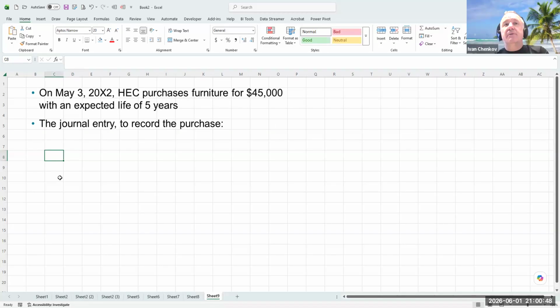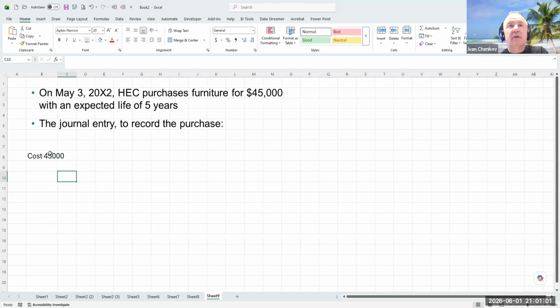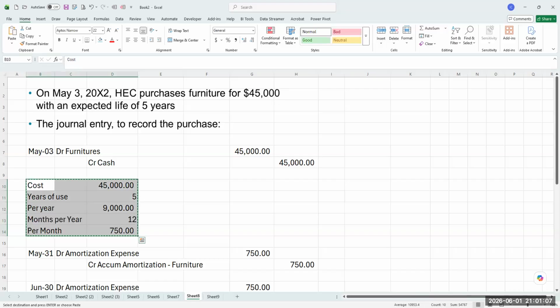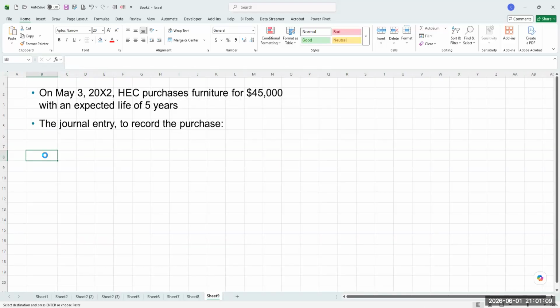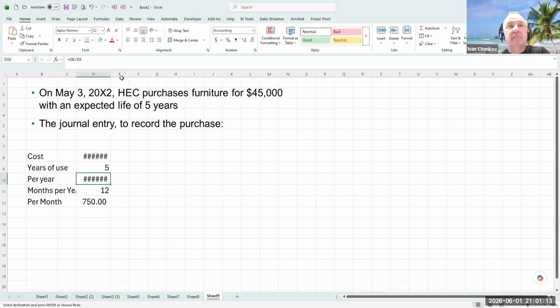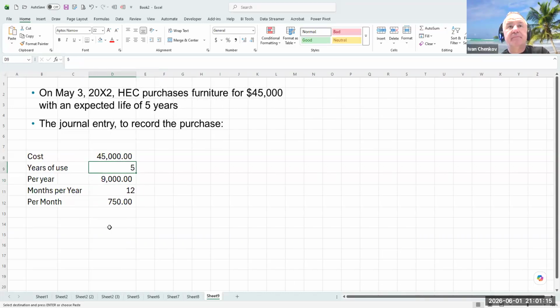It says 5 years, correct? So I have to amortize the cost of 45,000 over 5 years. I already know that, and we already know all this information. Now, what we have to do is think a little bit.